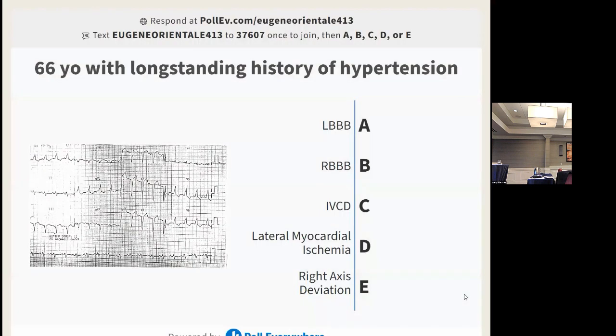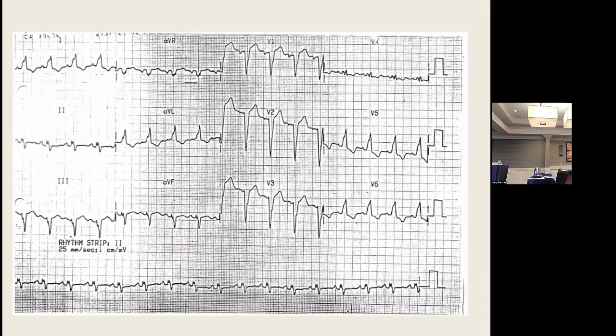Okay. 66-year-old, long-standing history of hypertension. And I'm asking you, is it a bundle branch block? Is it ischemia? Is it right axis deviation? This is the cardiogram.